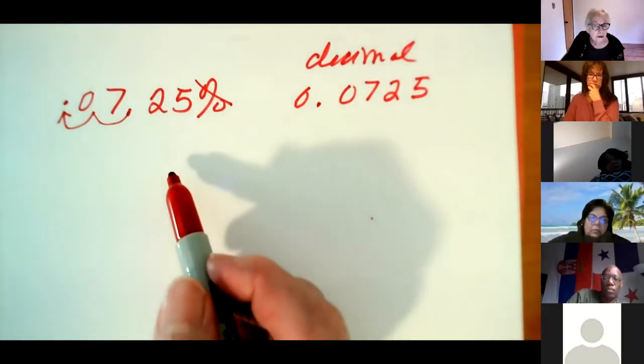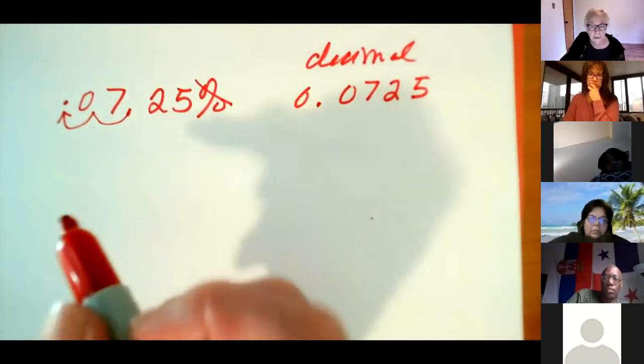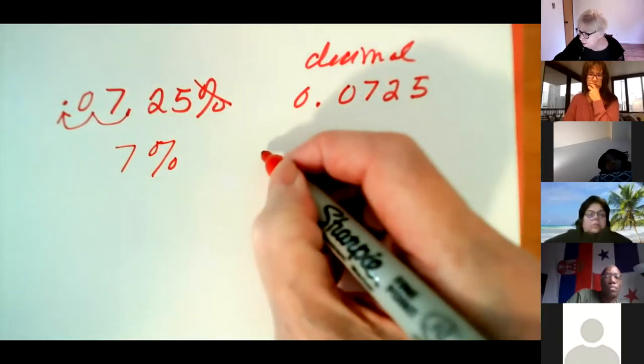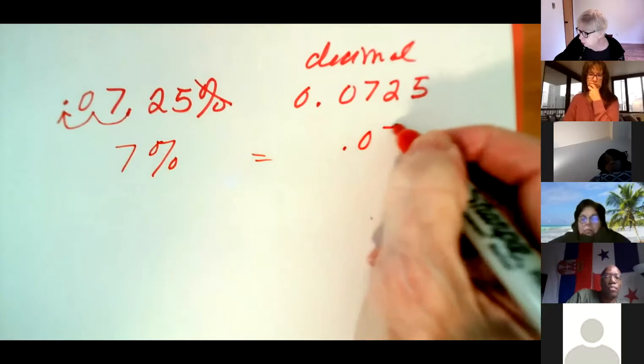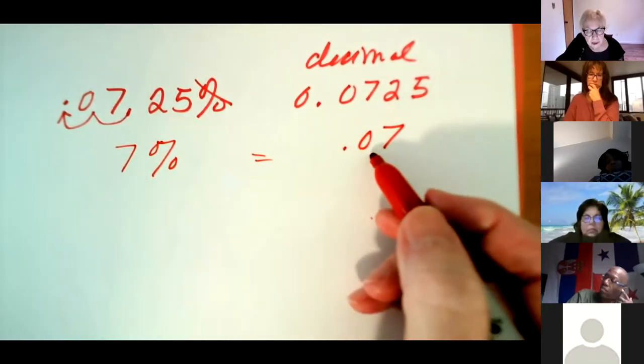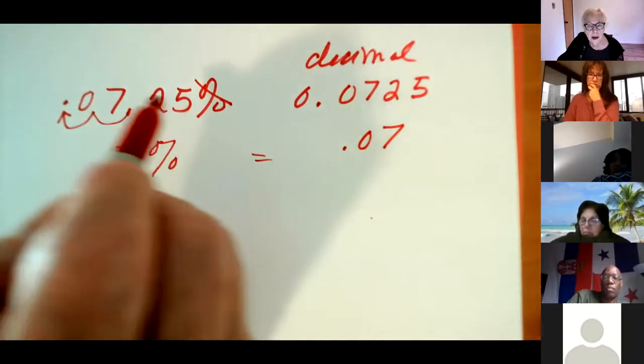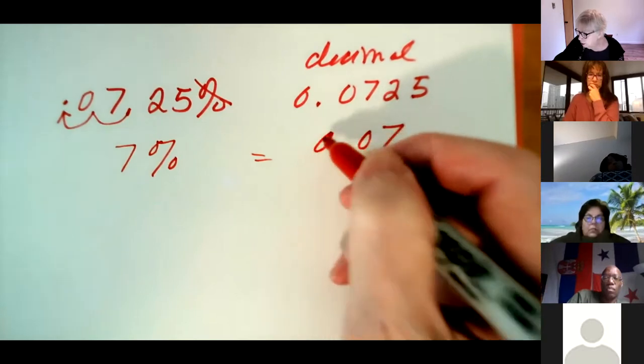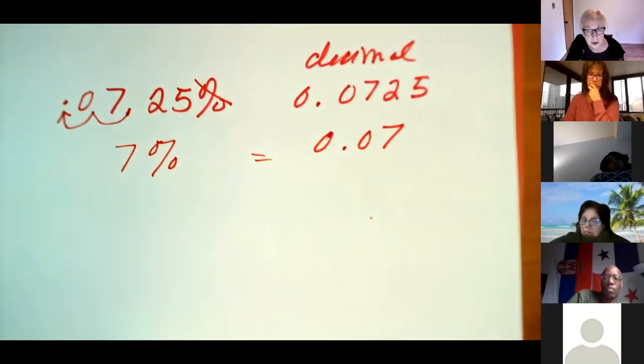Or in this particular problem, you might have thought of 7%. After a while, you get to the point where you know that is what 7% looks like. And so you knew what I had to do was go left, and go 2, because it's always by 100.